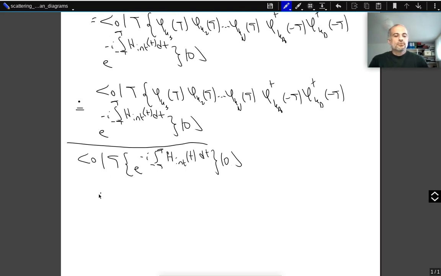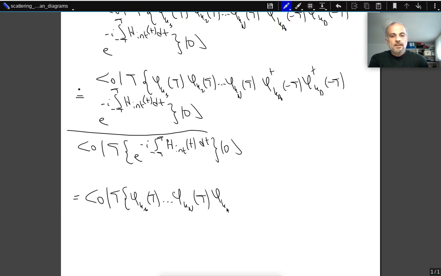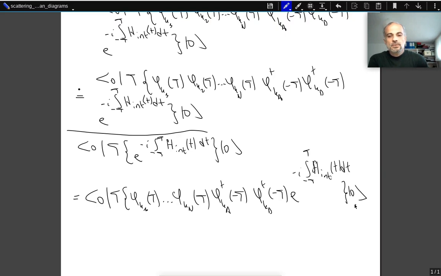And remember, this just told us that when we have this ratio, the Feynman diagrams we need to take into account are only the Feynman diagrams that are connected: phi k_1 of t, phi k_n of t, phi k_a dagger at the time minus t, phi k_b dagger at the time minus t. Now here we should be calculating only the connected Feynman diagrams, not all of them.